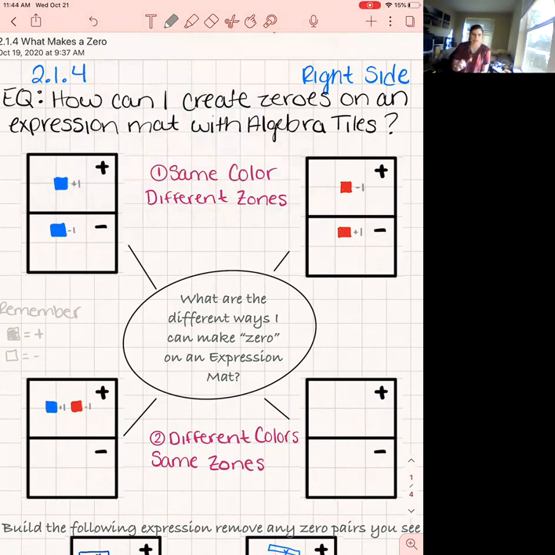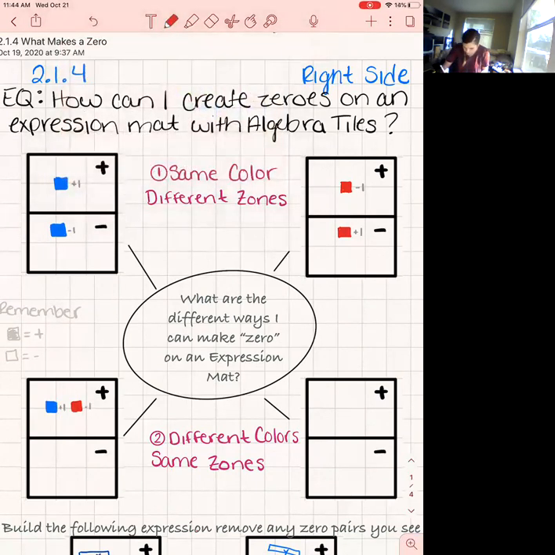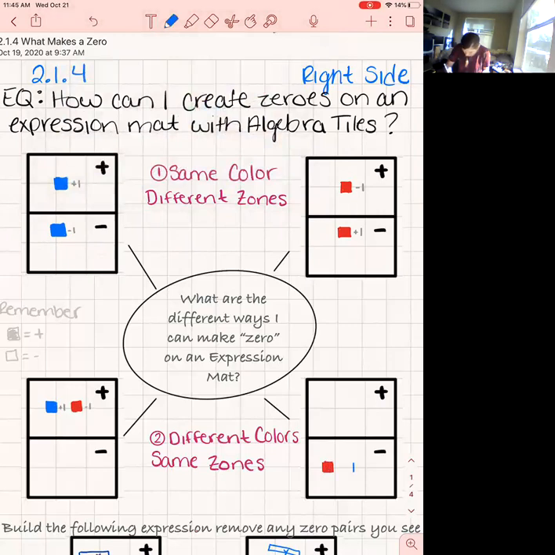If I was combining like terms, those would cancel each other out. +1 -1 equals 0. Then I could do the same thing in the other zone. I could have a negative tile in the opposite of zone, and that would cancel out with a positive tile in the opposite of zone.